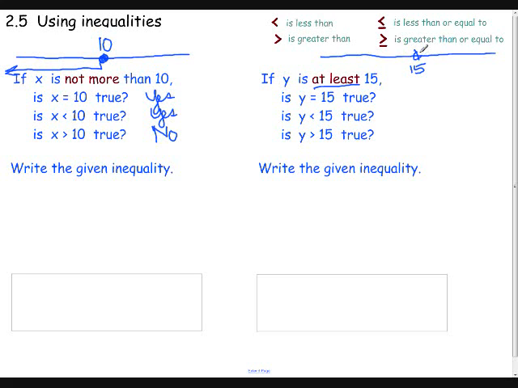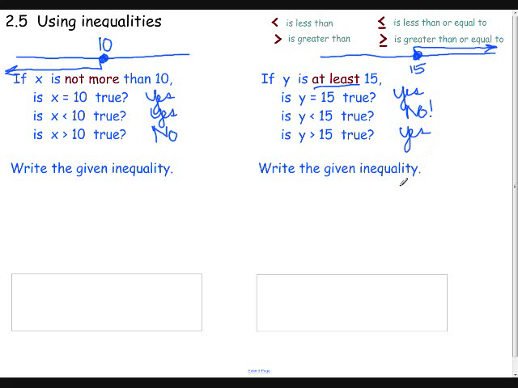So it could be 15, right? At least 15, it is 15 or more. So y could be 15, we know that. Y could not be less. We said it was at least 15. And y certainly could be greater. Yes.